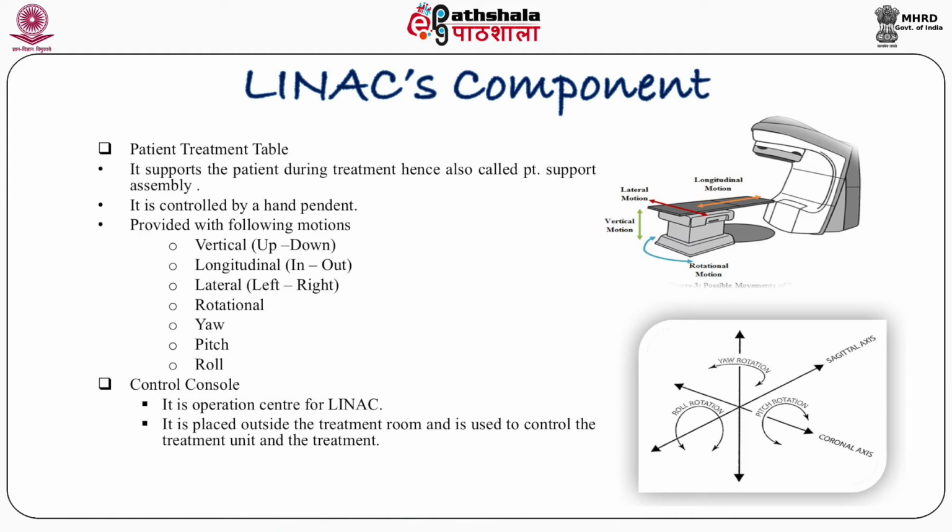It is placed outside the treatment room and is used to control the treatment unit and the treatment. Control console is the heart of the machine. With the use of various controls on the panel, we can utilize those switches, and the operation of the LINAC is controlled from the control room.